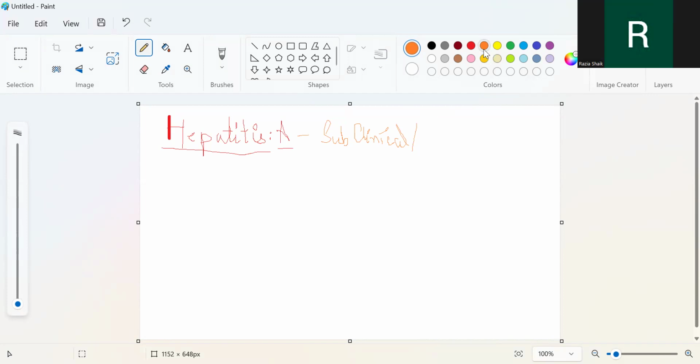More likely travel history, ship, cruise. Lab investigations will show AST, ALT rise.